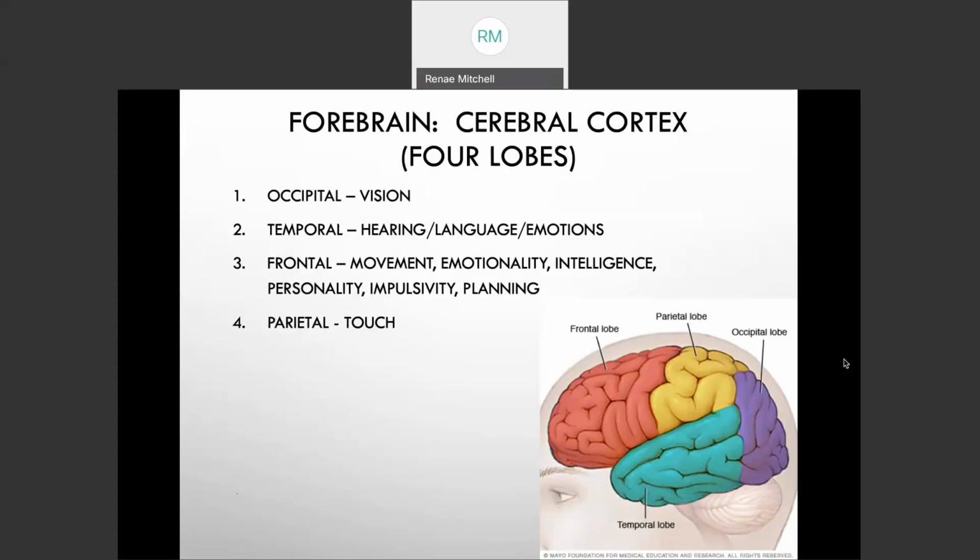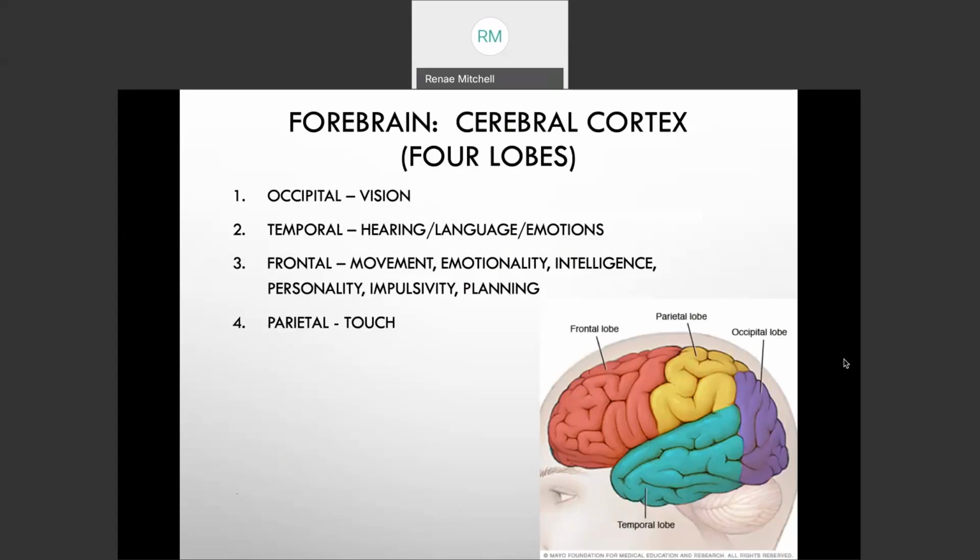The frontal lobe is located towards the forehead, the front of the brain, and this is a major, major player in terms of our human behavior. It's processing the most higher order functions that we have. It's involved in almost everything we do: movement, emotionality, intelligence, like planning, managing impulsivity, or engaging in any kind of behavior control.